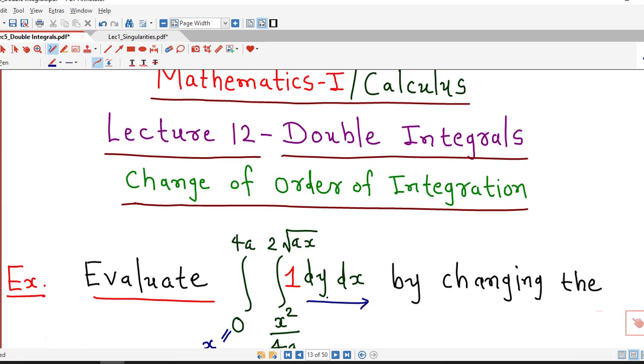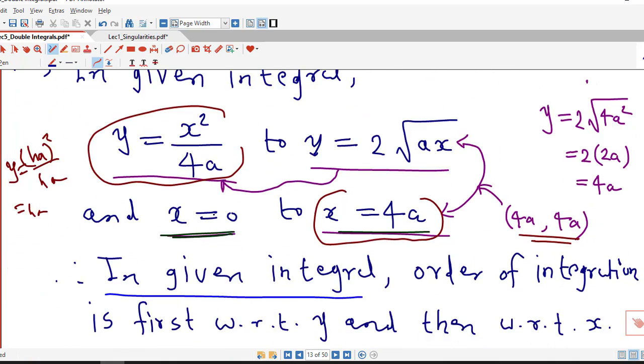If order of integration is with respect to y first, then we will do the problem by considering horizontal line, because we want to change the order. And if order of integration is with respect to x first in the given integral, then we will consider vertical line to change the order of integration.